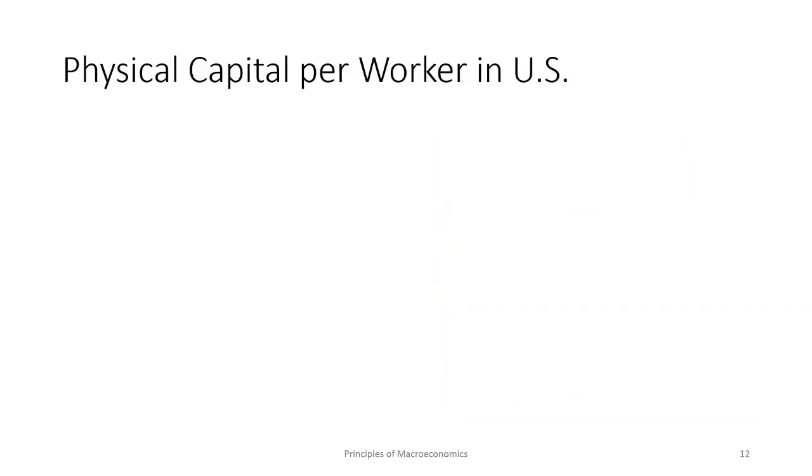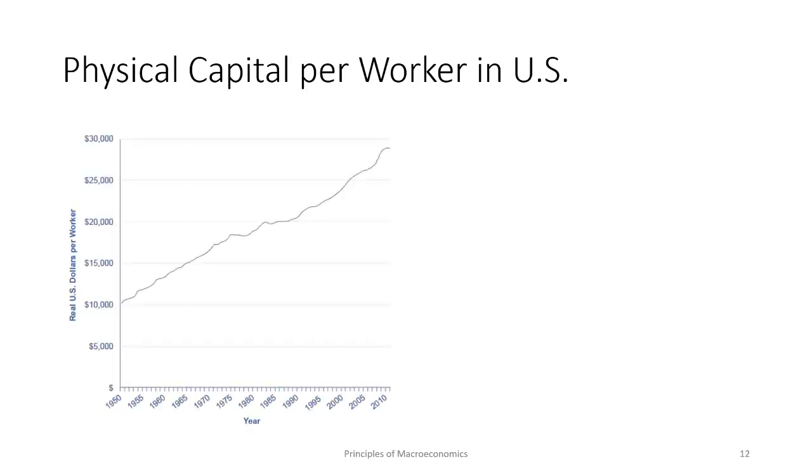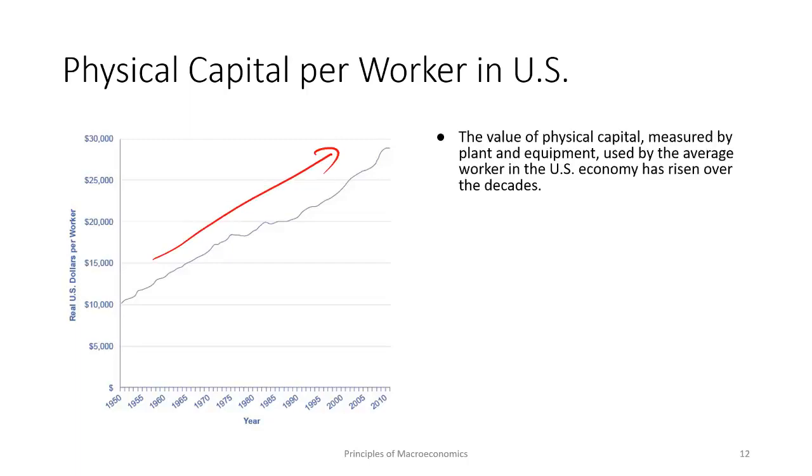Let's look at physical capital per worker in the US, if it's deepening as well or not. What this graph shows is real US dollars of physical capital per worker, and we can see it is also showing clearly an upward trend. So the value of physical capital, measured by plant and equipment used by the average worker in the US economy, has risen over the decades, and it's rising at a very steady rate.